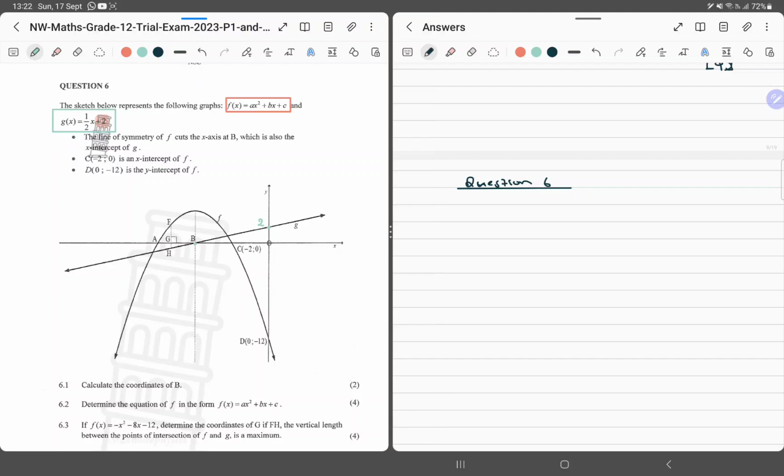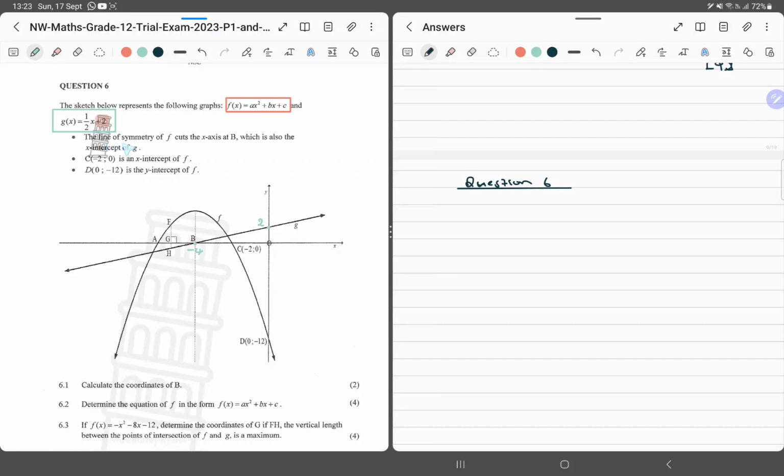You transpose the 2 to -2. You multiply by the 2, you get a -4. So that means there at B, we've got -4. These are the things you can quickly do. As you can see here, it looks like the axis of symmetry passes at that -4. So the graph of g gives you a bit of the characteristics of the graph of f.